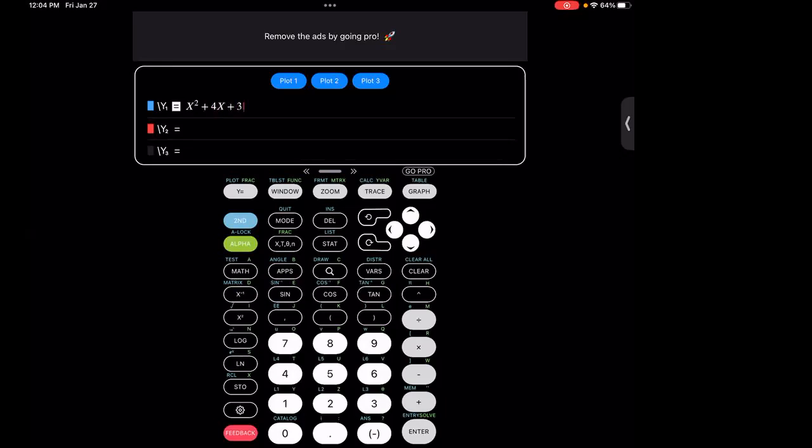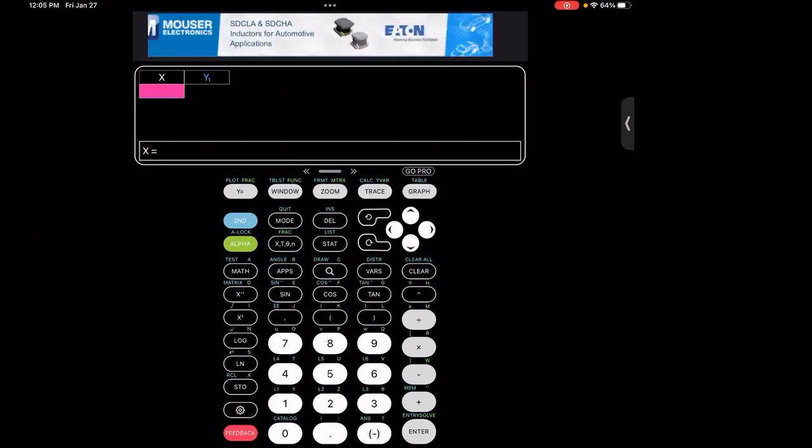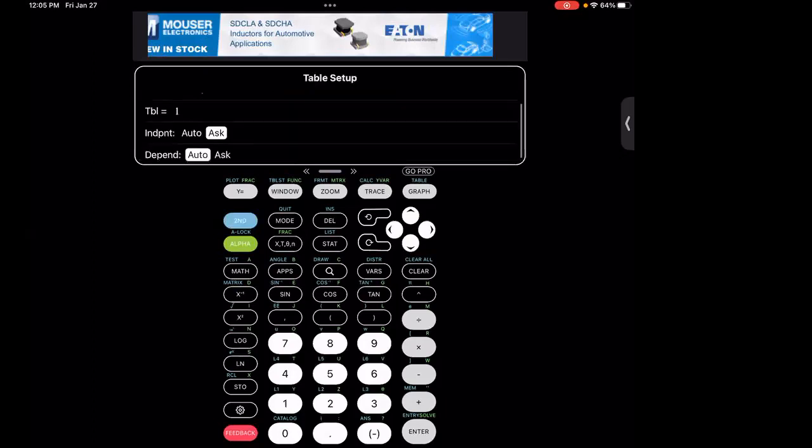You got it? Now I want to go to the table. So second graph: press the second, the blue one, and then press graph right there. Go to table. Before we do that, let's do table setup first. Press second and window. Your independent variable should be in ask, and your dependent should be in auto.